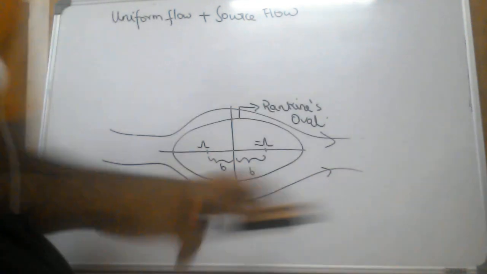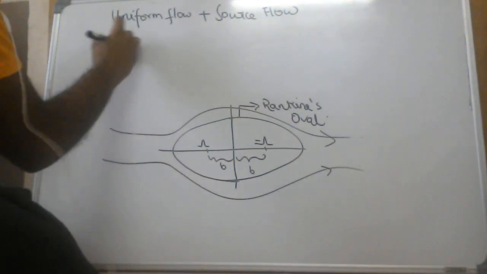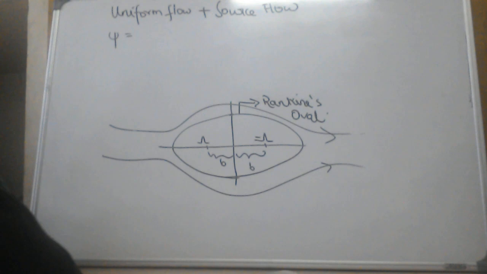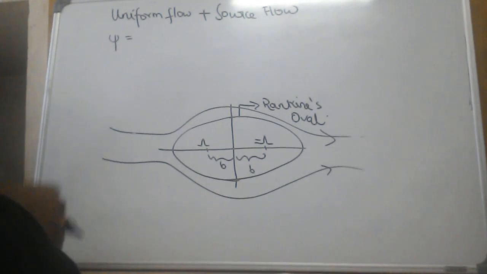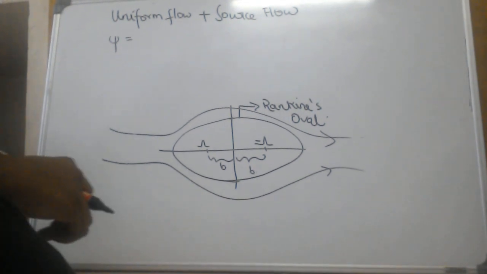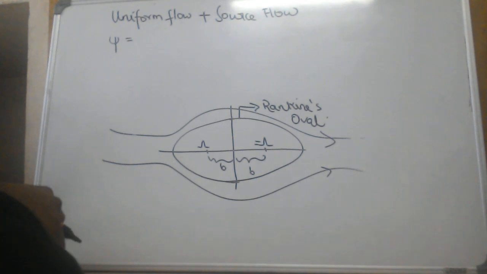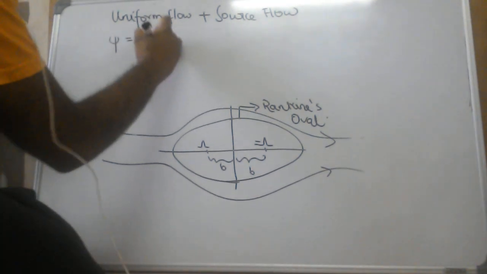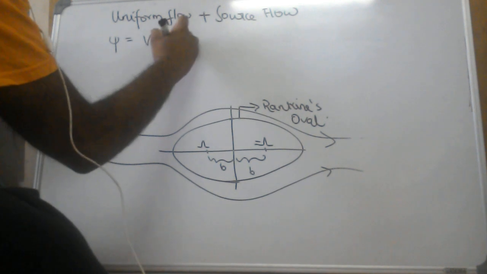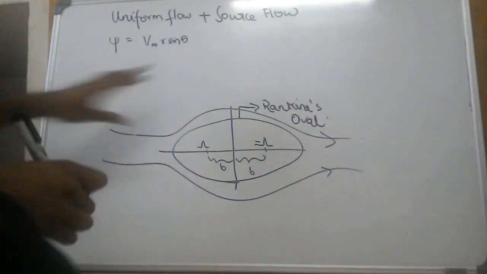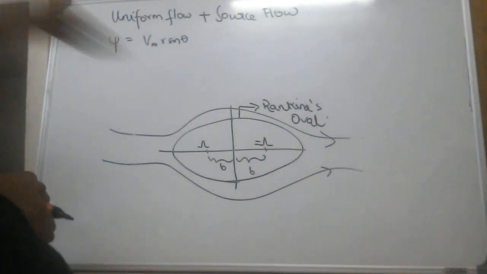So to start off with, I need a velocity potential or a stream function. Now I will be taking the stream function just for convenience. The stream function of the uniform flow is given as V infinity r sine theta. I am right now expressing all of this in the r theta coordinate system.